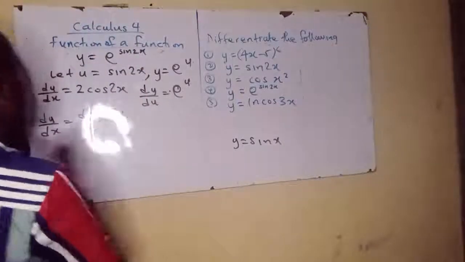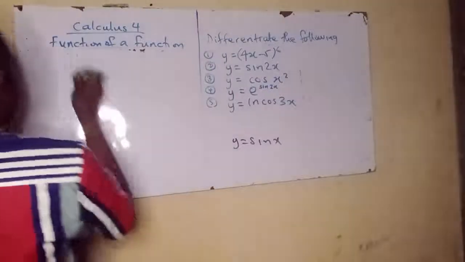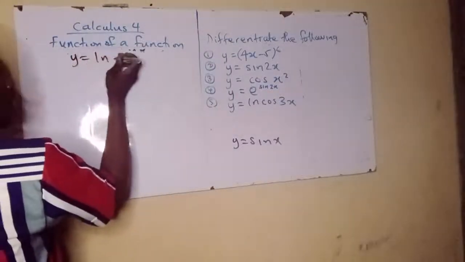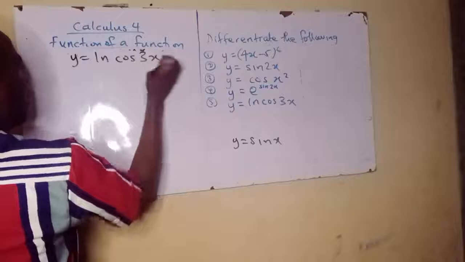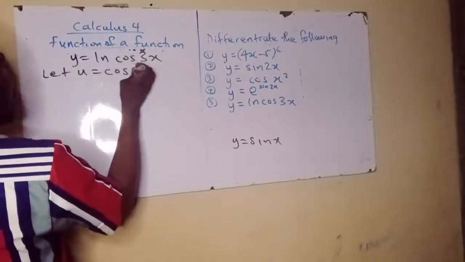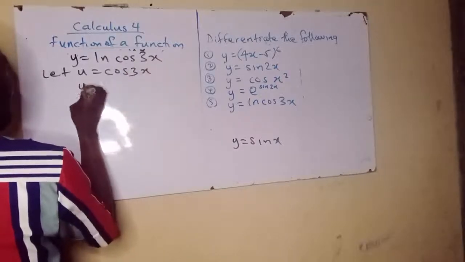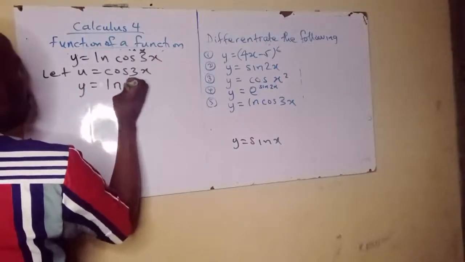The fifth one, now this one will be y equals to ln cos 3x. Now I will just say that let u equals to cos 3x, and therefore y will now be equals to ln u.